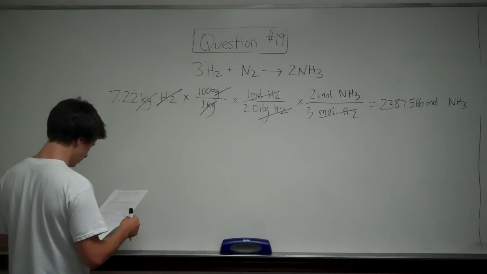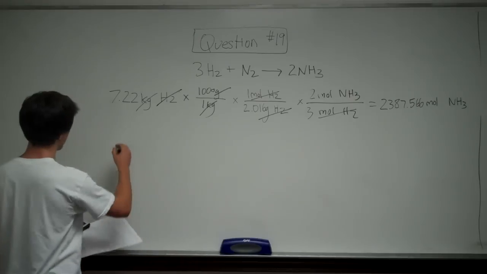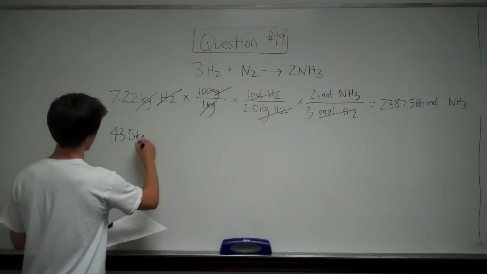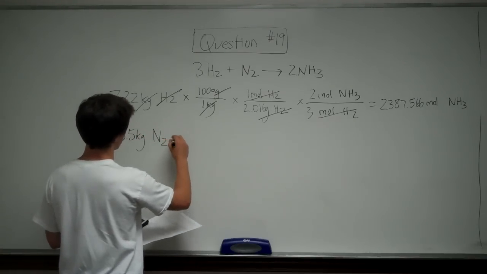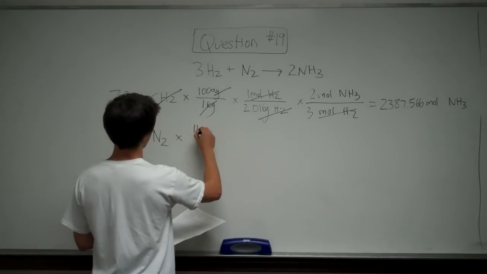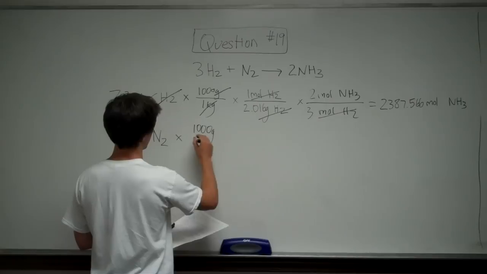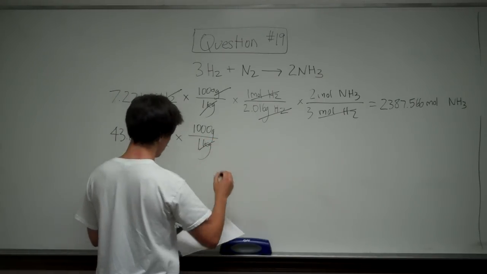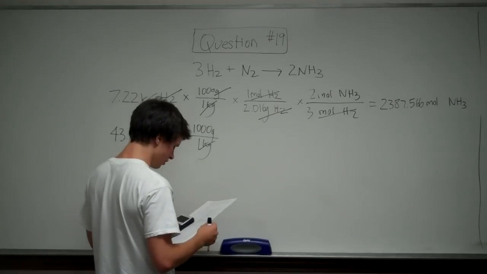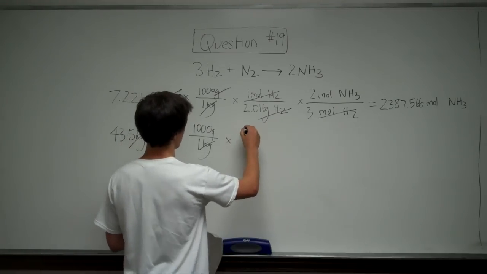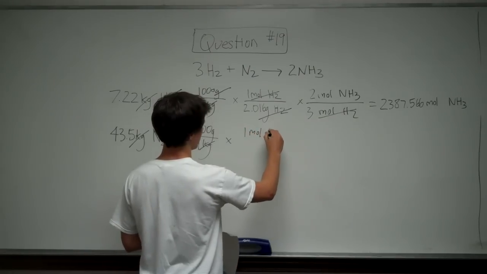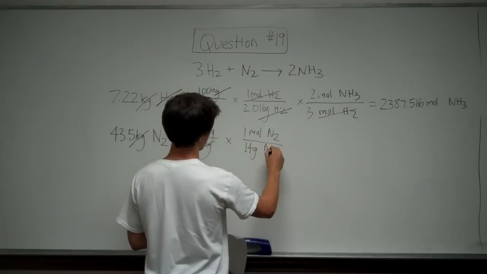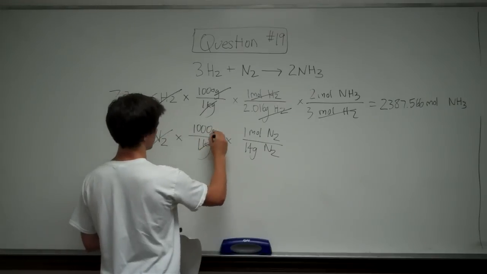They give you 43.5 kilograms of nitrogen. So same thing, convert this to grams. Kilograms cancel out. Now the mass of nitrogen is 1 mole of nitrogen per 14 grams of nitrogen, so the grams of nitrogen cancel out.